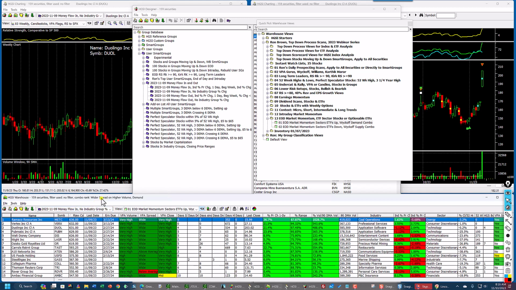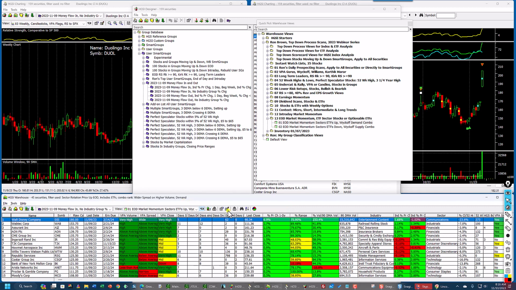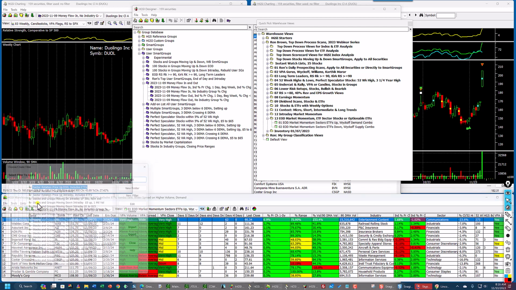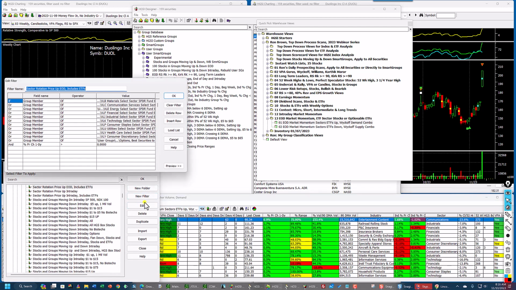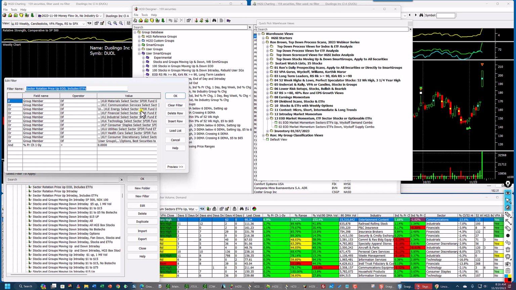So right now I'm looking at the money flow and the end of day market momentum. There's 159 stocks, and I'm going to apply this filter, and that cuts it down to 45. Why did it do that? Because these sectors, I'll show you this, are going directly into the spider sectors and the stocks that are a member of those groups, and they're up for the day.